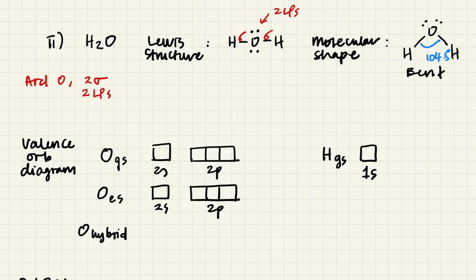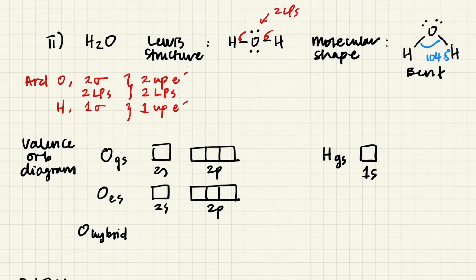So that means you will have 2 unpaired electrons around your oxygen and 2 lone pairs. Okay, jangan lupakan lone pair tu. And then around your hydrogen, you will have 1 sigma bond. That means you will need 1 unpaired electron at hydrogen.